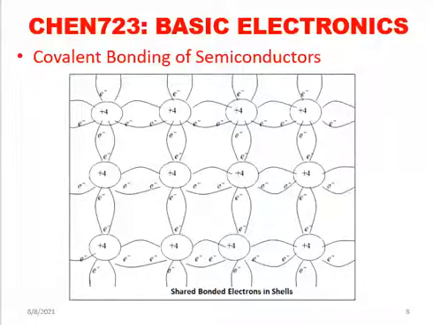Each of these silicon atoms is surrounded by 4 neighbors in such a way that it shares 1 electron with each. Therefore, it has 4 valence electrons and it shares with the 4.